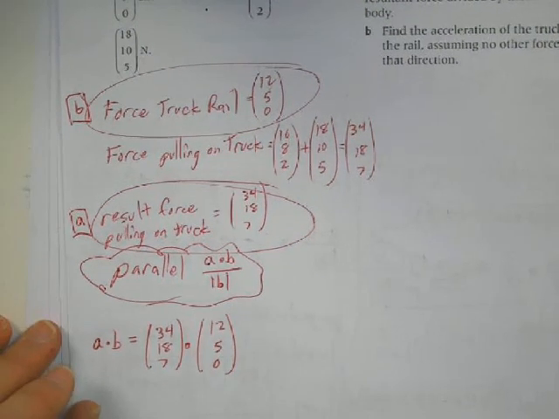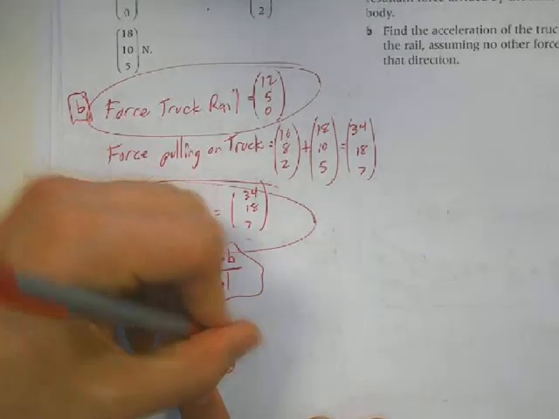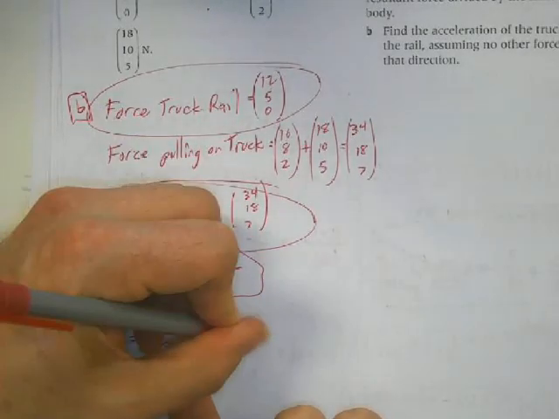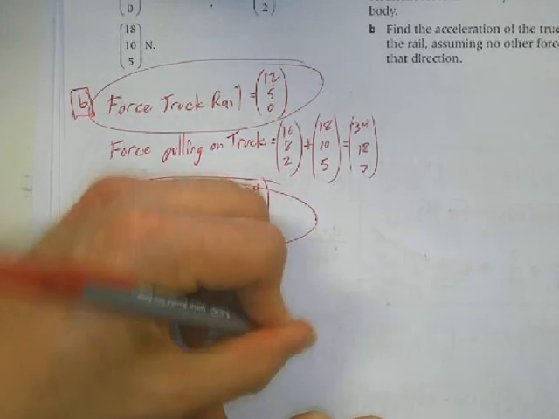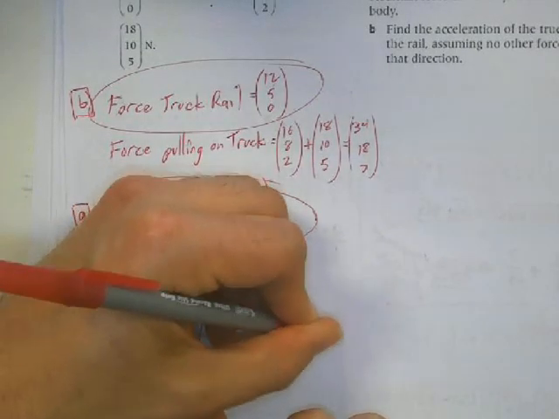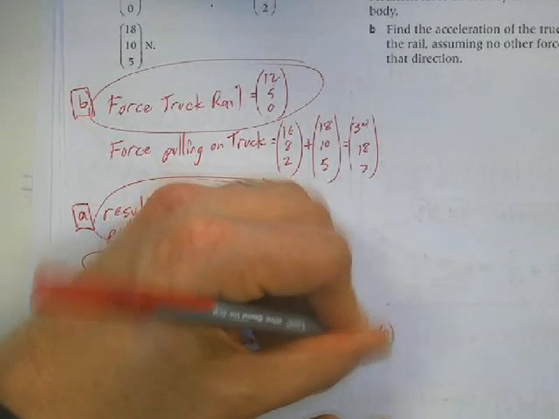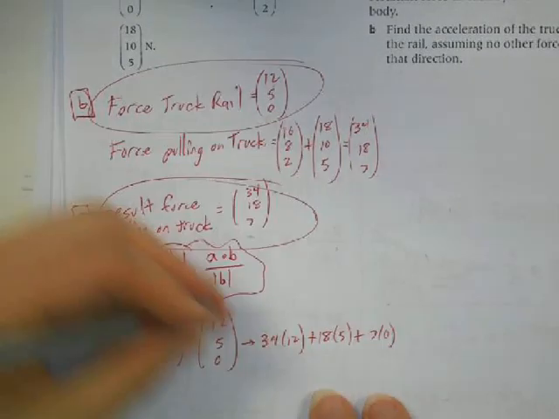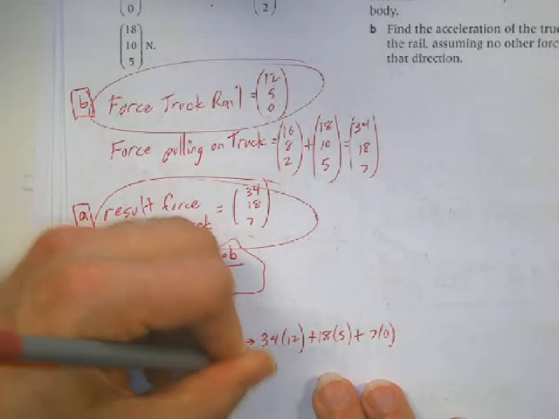So that gives us 34 times 12 plus 18 times 5 plus 7 times 0. And if I calculate that, I get 498.